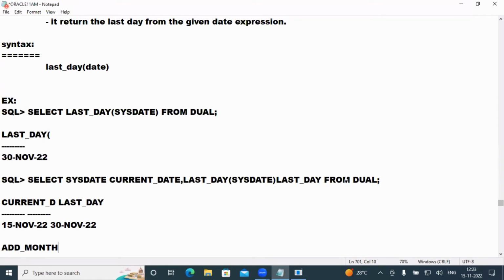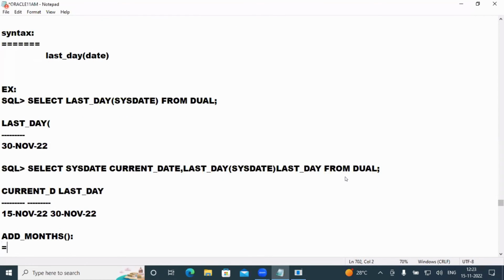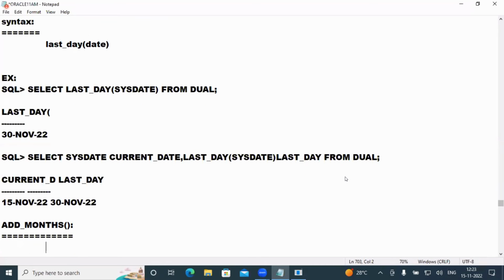Next one we have is ADD_MONTHS. This function is used to add or subtract a number of months to or from the given date expression.